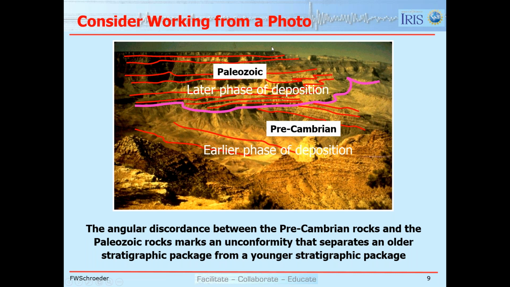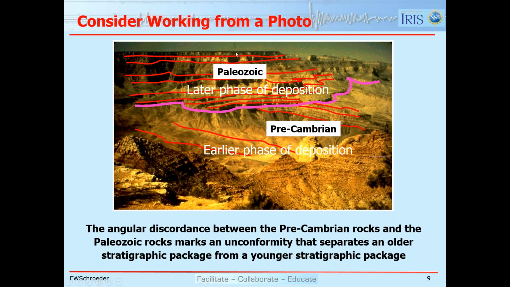And then I have a second later phase of deposition, which is characterized by nearly horizontal layering. It turns out that the earlier mega phase of deposition is Precambrian in age, and the second major phase of deposition is Paleozoic in age.